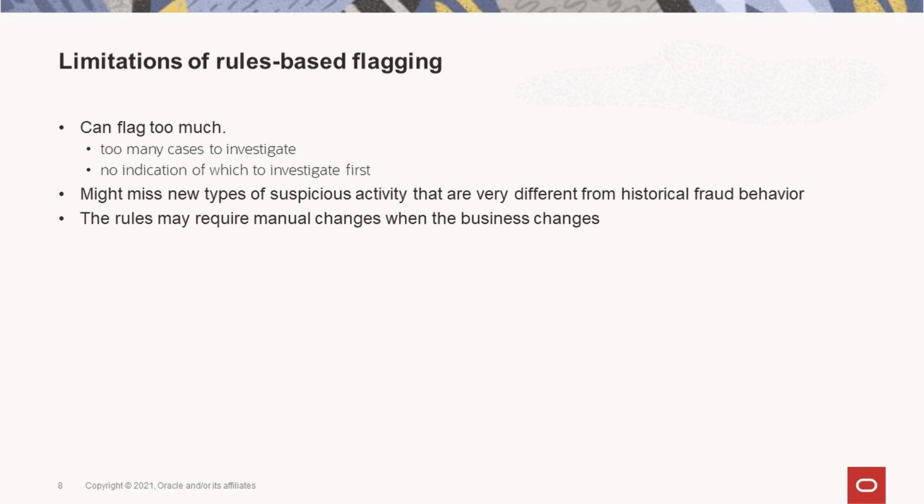The other problem is rules might miss new types of suspicious activity because they might be very different from what the rules were coded to look for. And by the same token, the rules may require manual change when the business changes or when new fraud behavior is discovered. So we'd like to avoid this if we can.